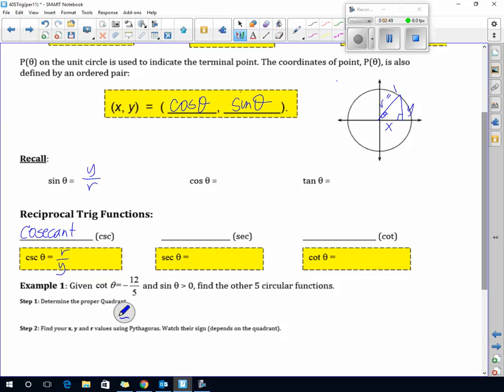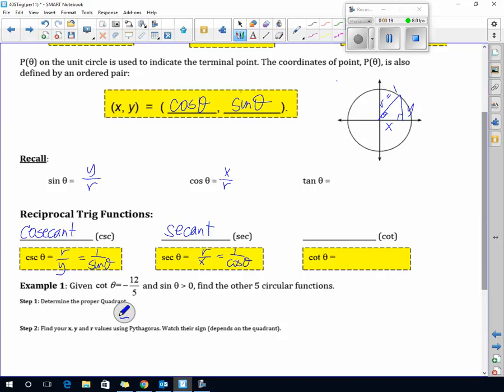Cos theta is again x over r. So secant, the reciprocal of cos, would be r over x. Yes? And because they're reciprocals, you could say that this is 1 over sine theta. And this would be 1 over cos theta.